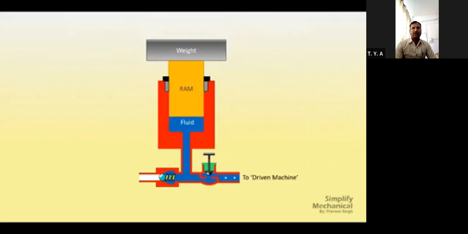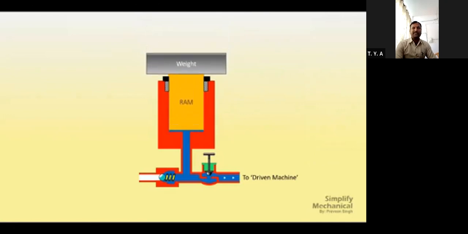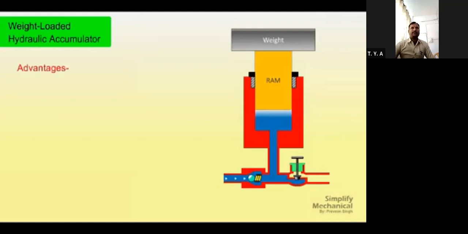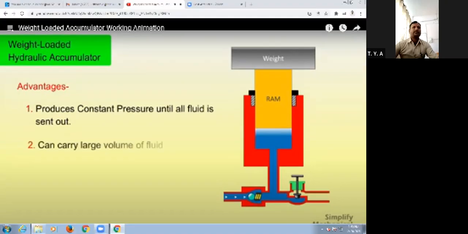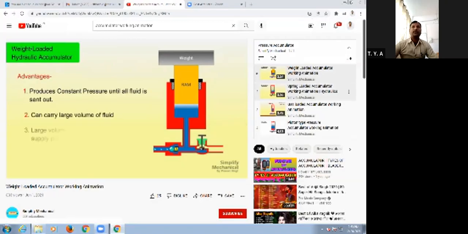You can see from where you will get the fluid inside your accumulator, and the spring loaded. I will show another one, this dead weight loaded.